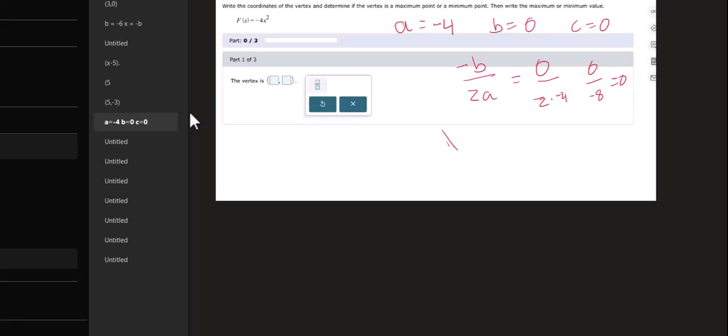So the x-coordinate of the vertex is 0. And then ax squared plus bx plus c. So that's negative 4 times 0 plus 0 times 0 plus 0 is 0. So the coordinates of the vertex are 0, 0. Now, it's negative, so it opens down.